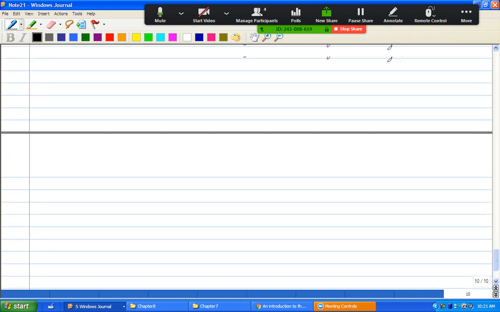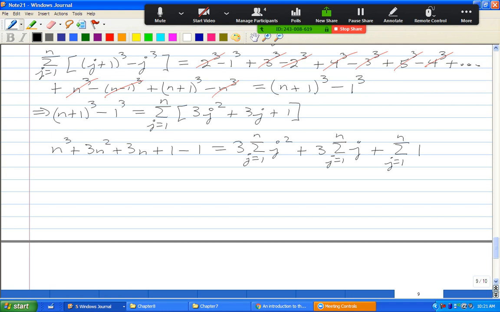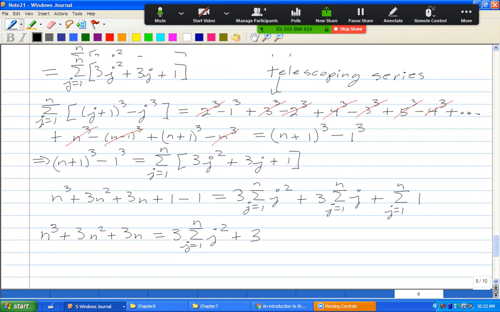Okay, so I have n cubed plus 3n squared plus 3n, the ones cancel, equals, well, I don't know what the sum of j squared is. That's what I'm trying to figure out. But I do know the sum of j.